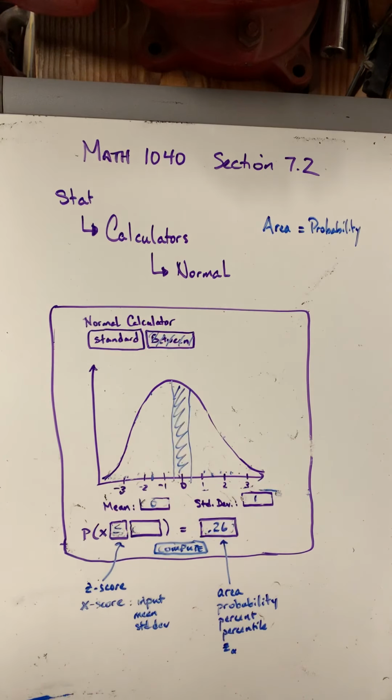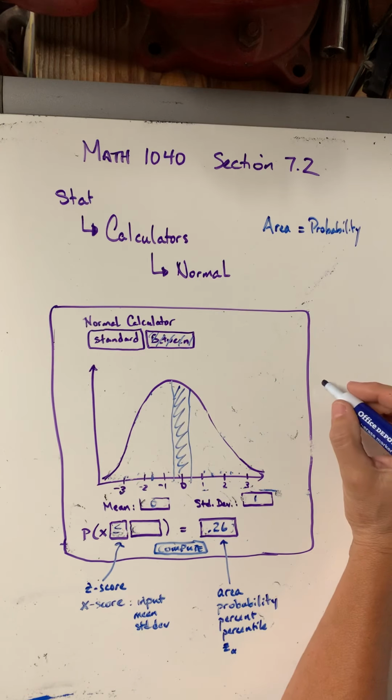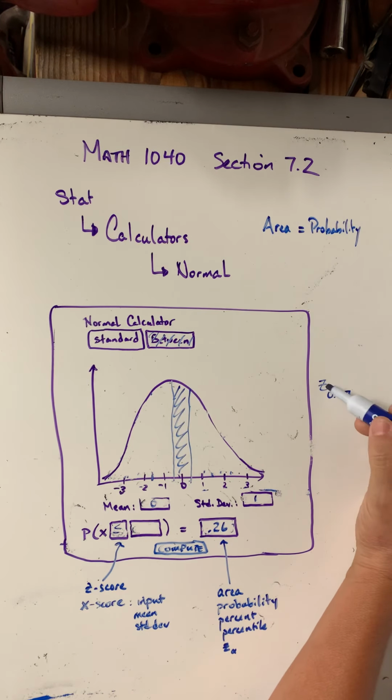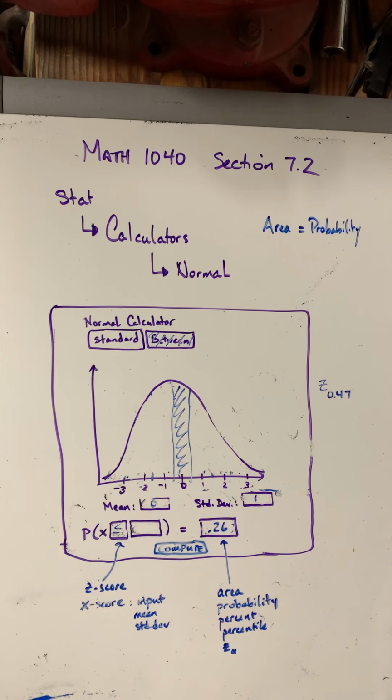Okay, so question number 8 is where we have this little z sub alpha. It says find the value of z sub 0.47. We call this z sub alpha. And it's pretty easy as long as you just remember what to do with it. So z sub alpha, the red is always going to be shaded on the right.